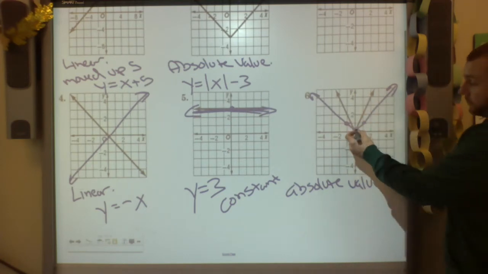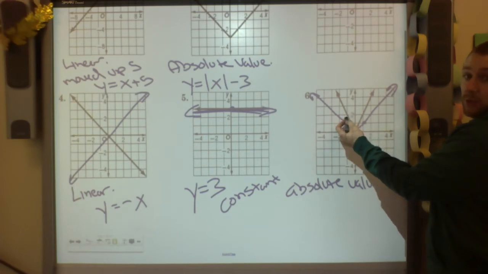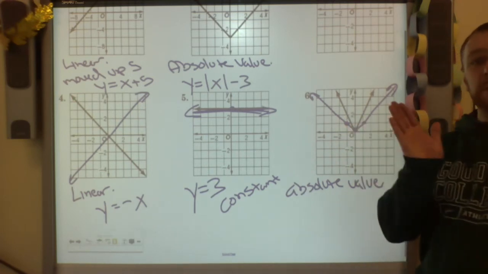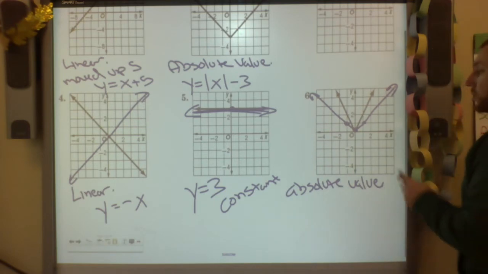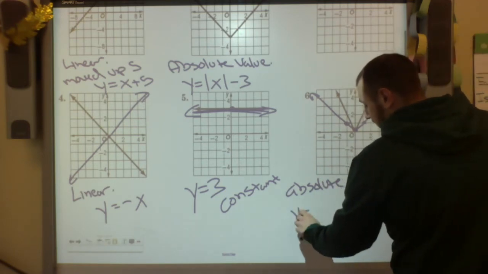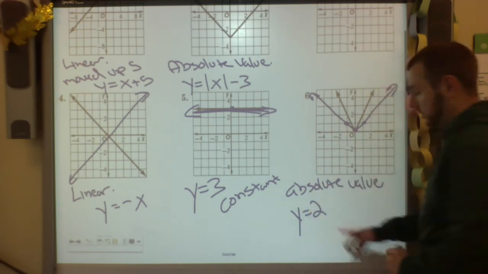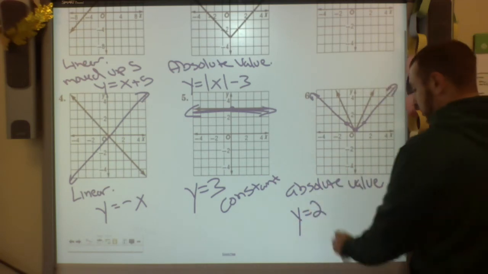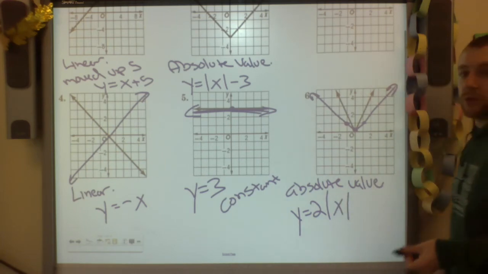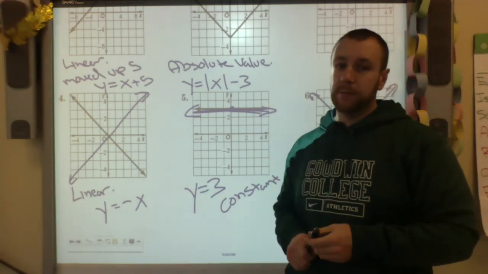Well, now it goes up 2 over 1. Up 2 over 1. It creates a steeper V. So that is where my A comes in. That is going to be y equals 2, think of it as slope, 2 absolute value of x. So it's twice as fast moved.